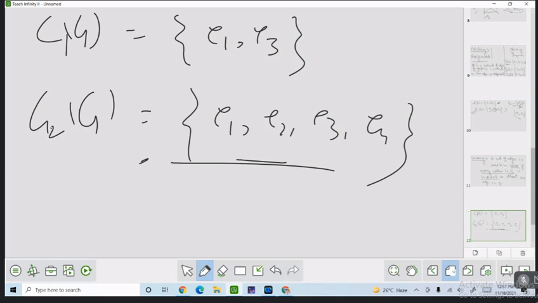So these are covering and matching. Clear? And you can also find the covering in special graphs. Covering is nothing but finding a set of edges which contain all the vertices.